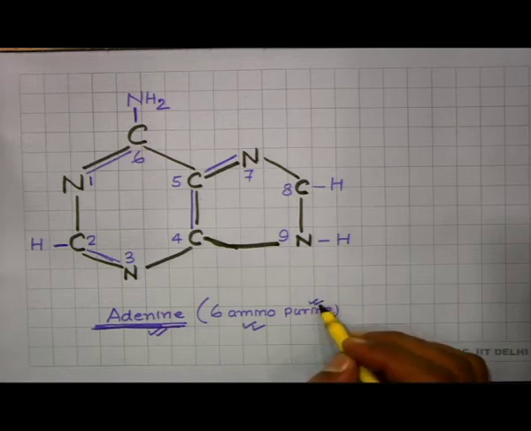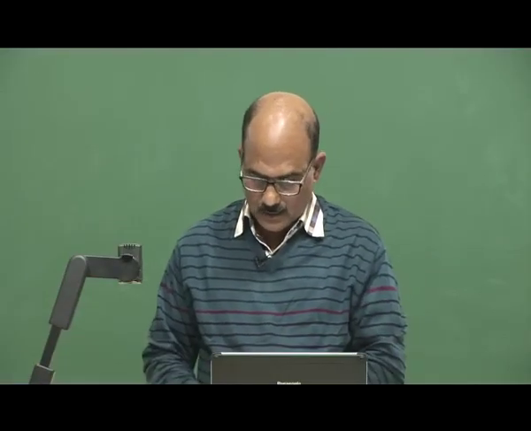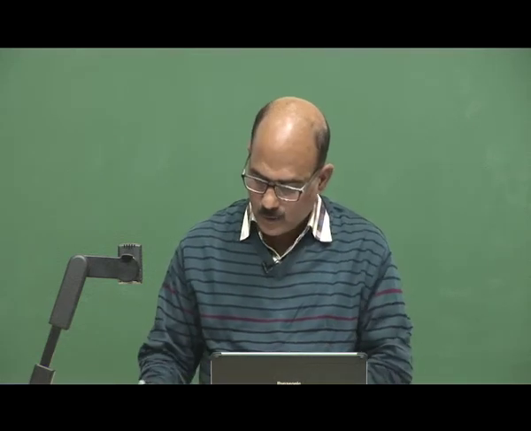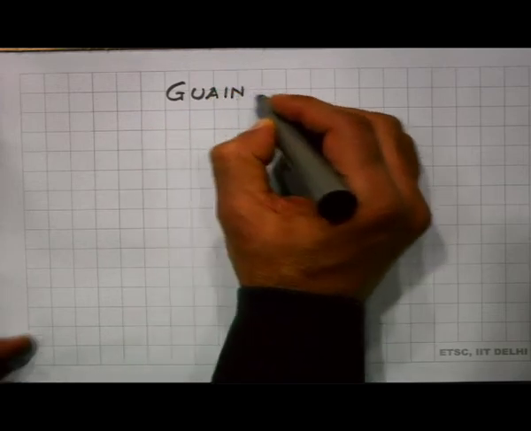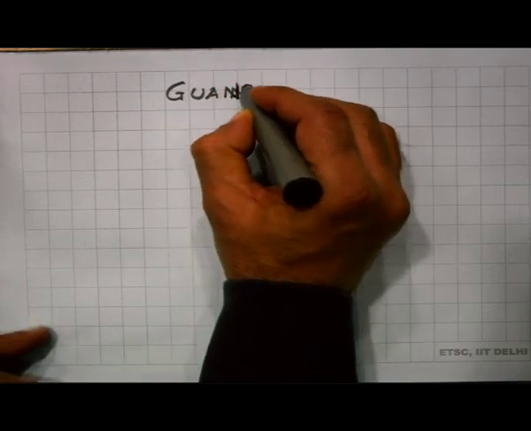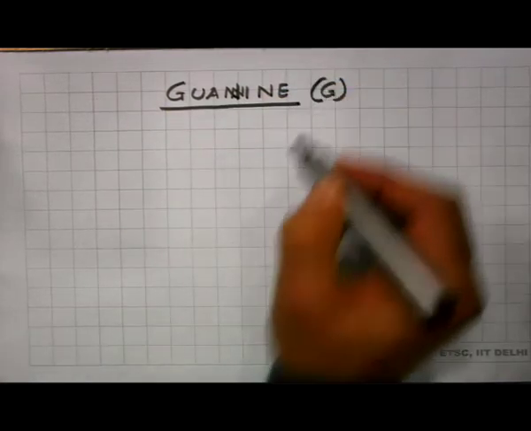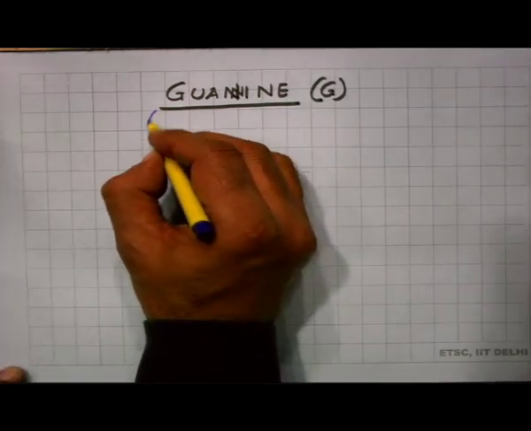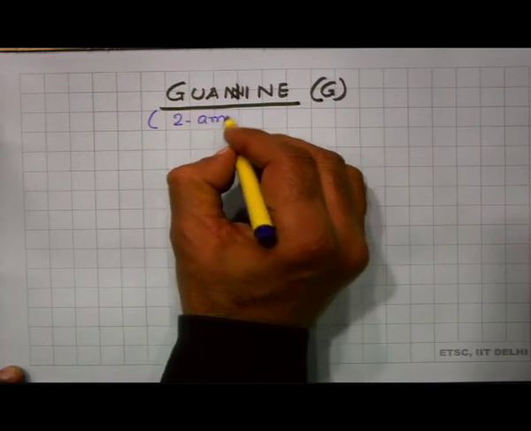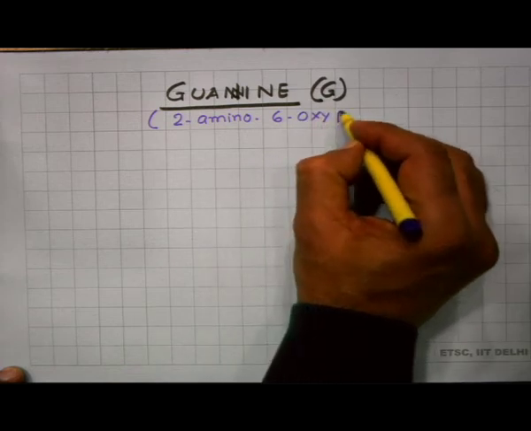Now, see the structure of another purine nitrogenous base, guanine, which is designated by G. Its chemical name is 2-amino-6-oxypurine.